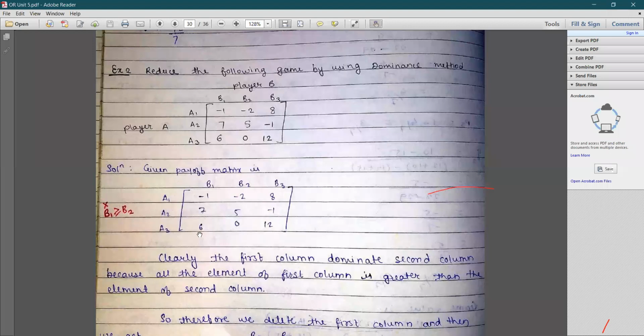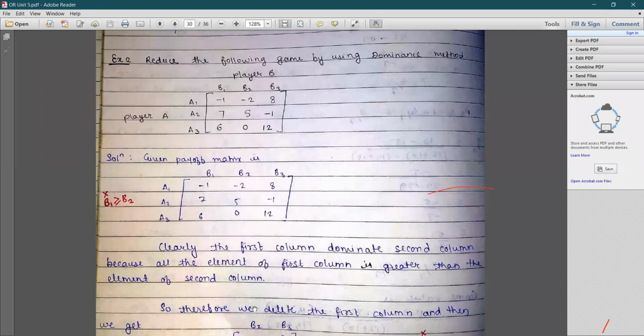We see that the first column is dominated by the second column, because the elements of the first column are greater than the second column. The column to be dominated is the one whose elements are greater. Here the elements of the first column are -1, 7 and 6, and of the second are -2, 5 and 0. 6 is greater than 0, 7 is greater than 5, and -1 is greater than -2. Therefore write clearly: the first column is dominated by the second column because all the elements of the first column are greater than the elements of the second column.